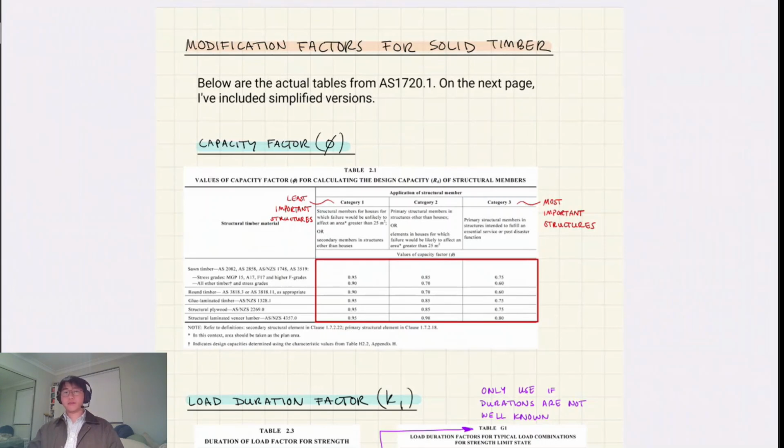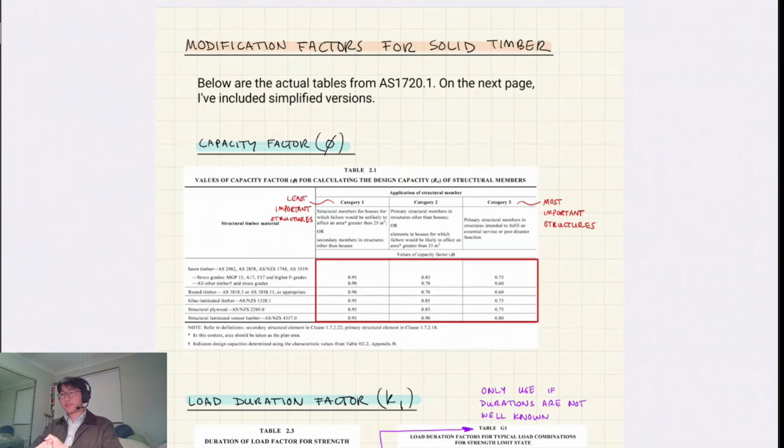Basically this capacity reduction factor is a measure of how consistent the material that you're designing for is when it's taking a certain action. When I say action, I'm talking about either bending, tension or compression, shear, etc. So if you've done steels, you understand that.